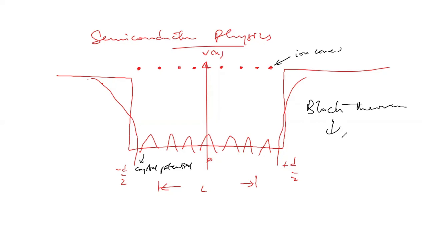Now, the Bloch theorem actually tells us that the solution of the Schrödinger equation in a periodic potential takes the form of a plane wave, okay? Modulated by a periodic function.